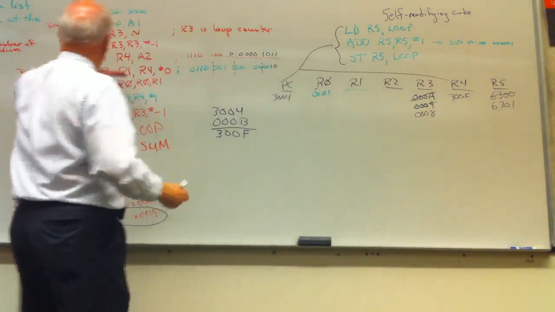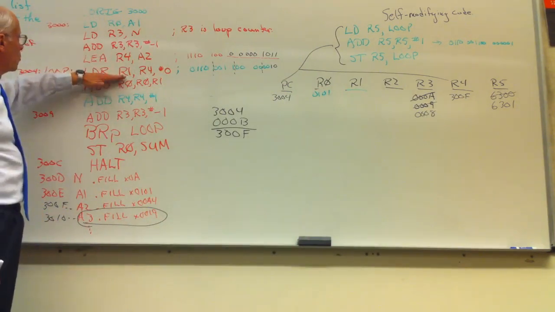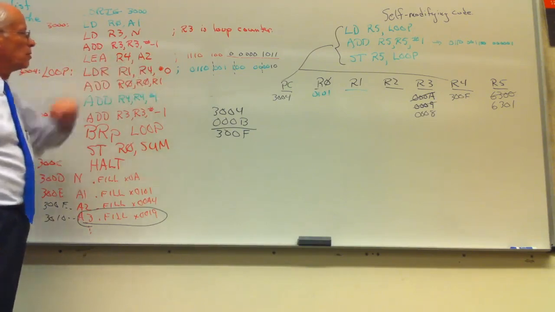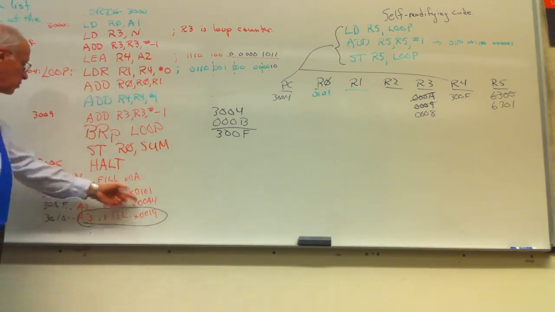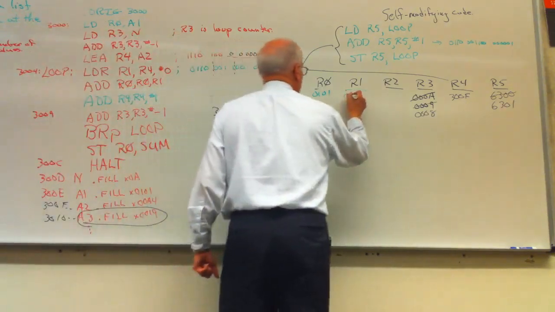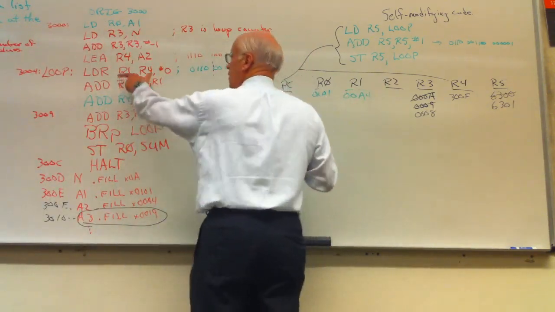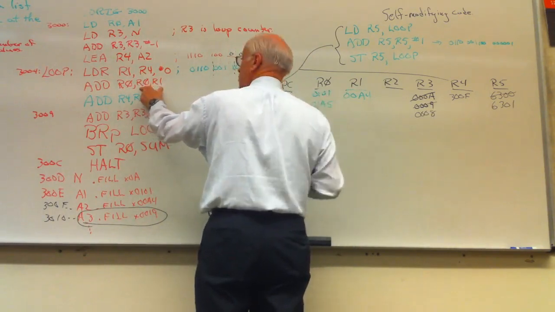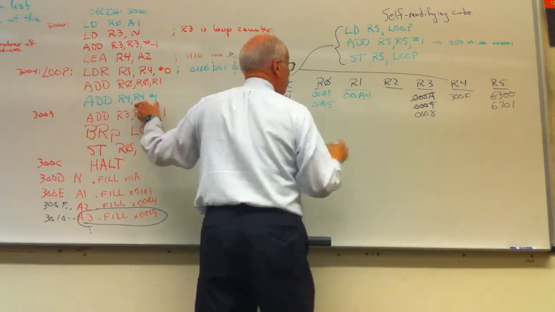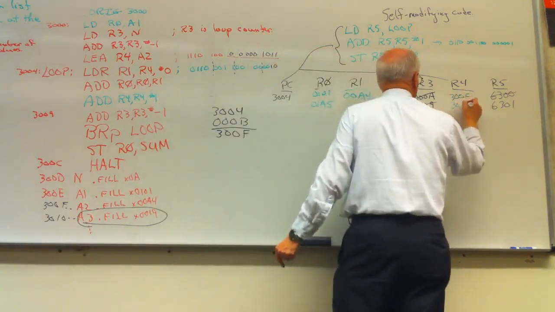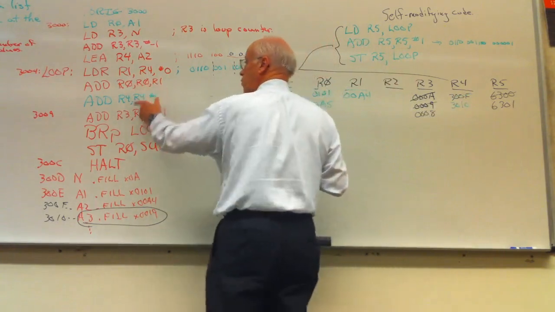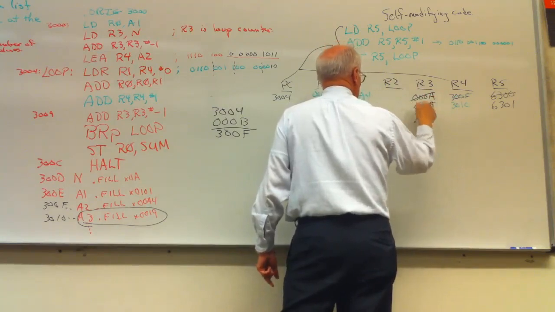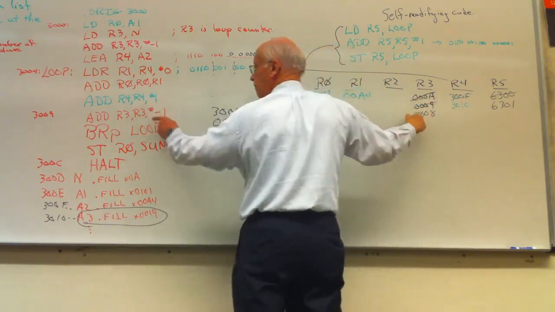If we go back and start through again as we get to this point, it says load register 1 from R4 plus 0. Well, that's 300F. Okay, so it's 00A4. We add that on to register 1. So I get 01A5. Now I add 1 to register 4. So I'm at 3010. Subtract 1 from my loop counter, which gets us down to 8.